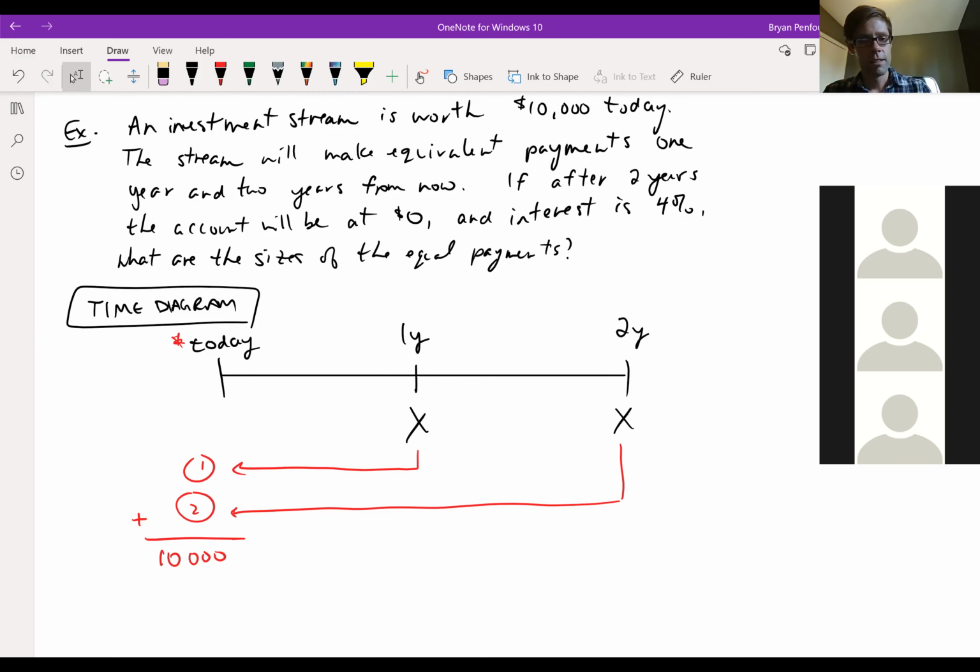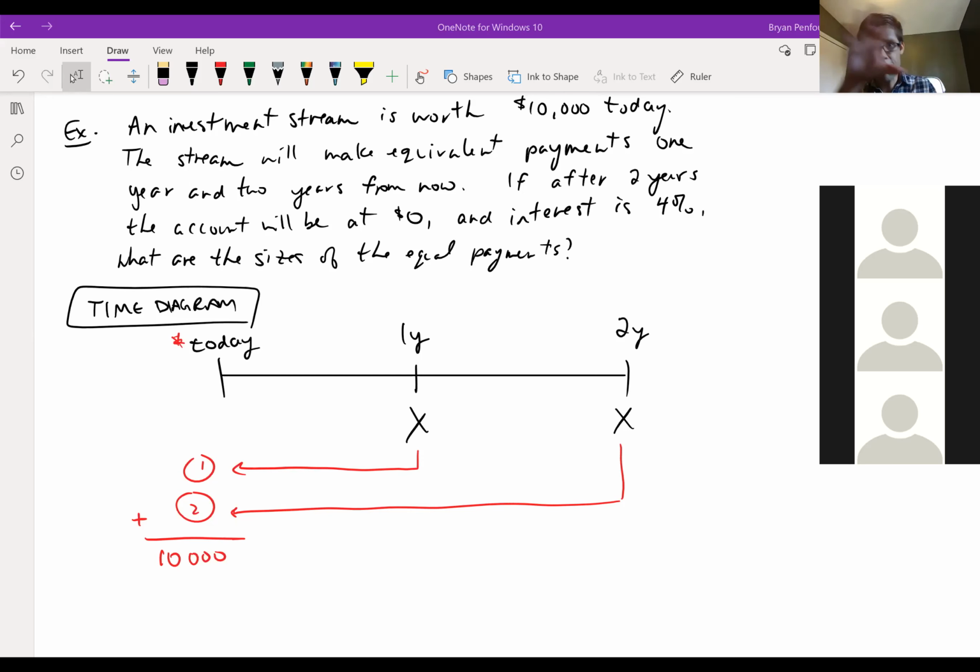You are not here for my personal opinion. You are here for my solution to this time diagram question. Okay, so here is the basic setup. We have 2 equivalent payments. We're going to be finding the 2 fair market values of those 2 equivalent payments at today's focal date. And when we add up those 2 fair market values, that should add up to $10,000.